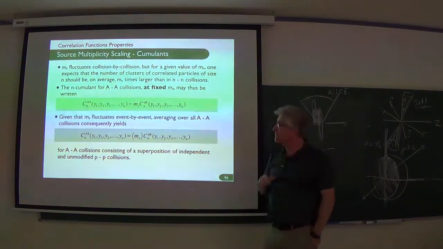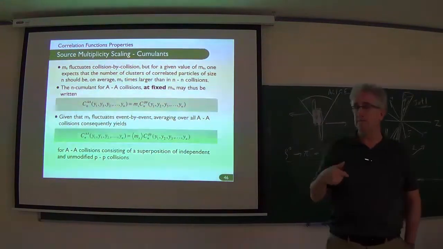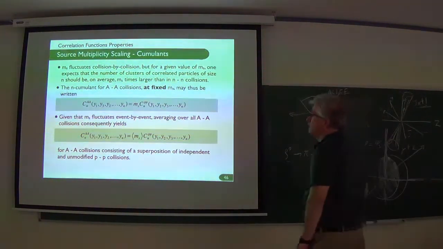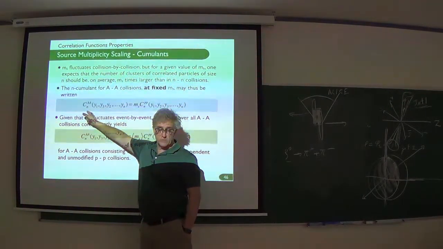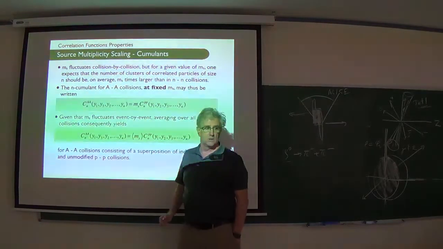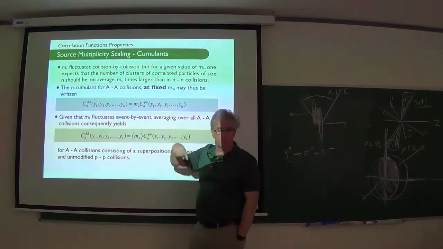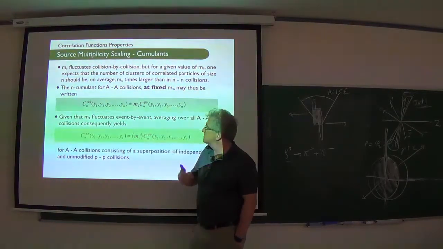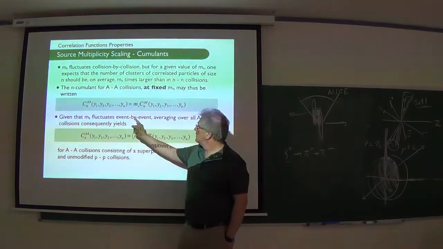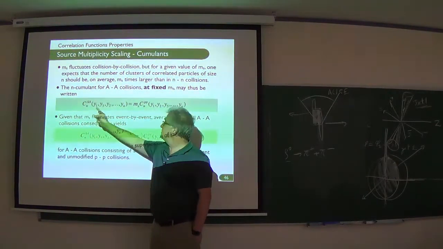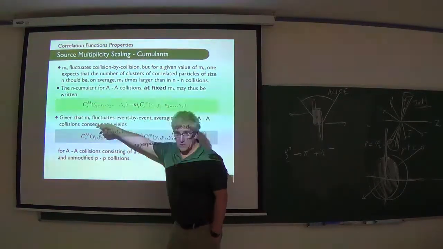If I have an independent collision system with N sources, then the n-cumulants that I would see in AA would be the cumulants that I see in pp, but for a system consisting of N such sources. So what I would see in AA would be just N times the cumulant of a source producing n particles.